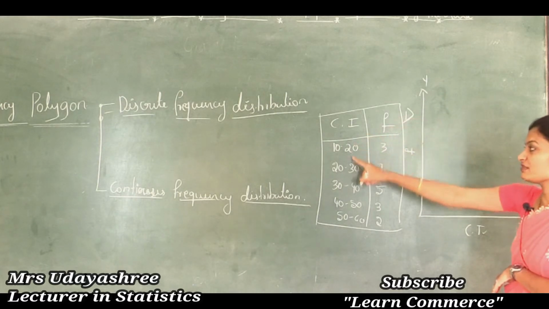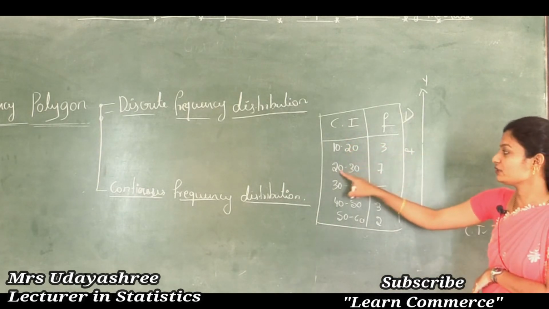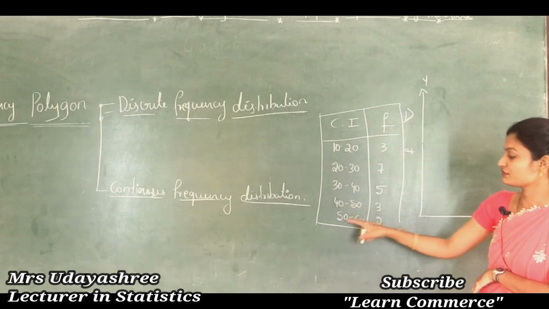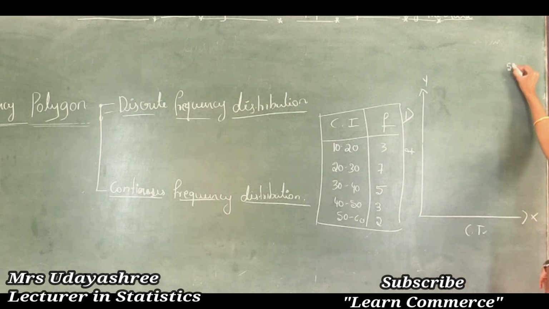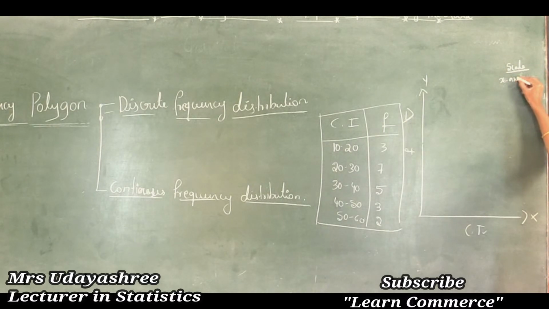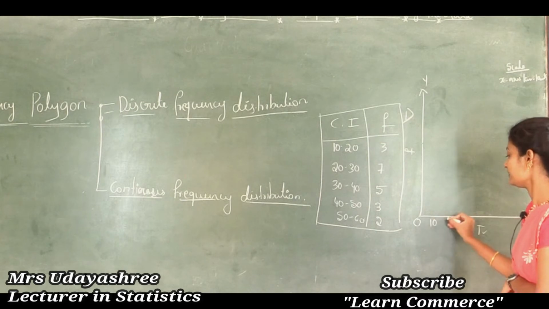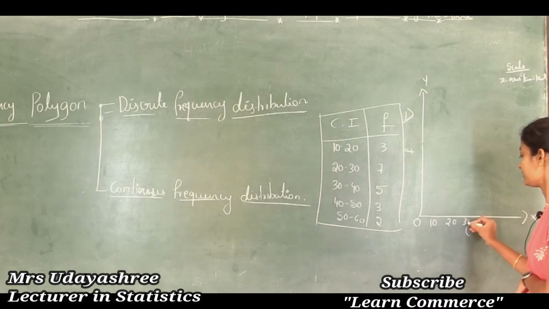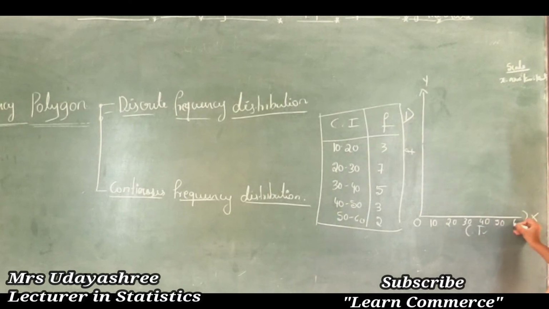Here the suitable scale for the x-axis, see the class intervals, that is 10 to 20, 20 to 30, 30 to 40, 40 to 50 and 50 to 60. Therefore the suitable scale for x-axis is 1 centimeter equals 10 units. So here origin is 0, 10, 20, 30, 40, 50 and 60.